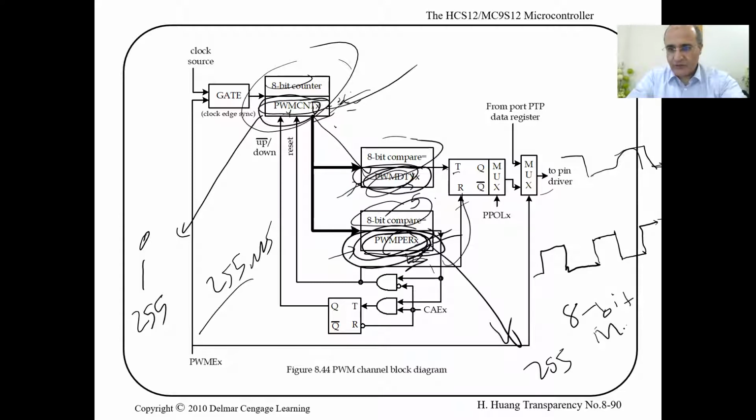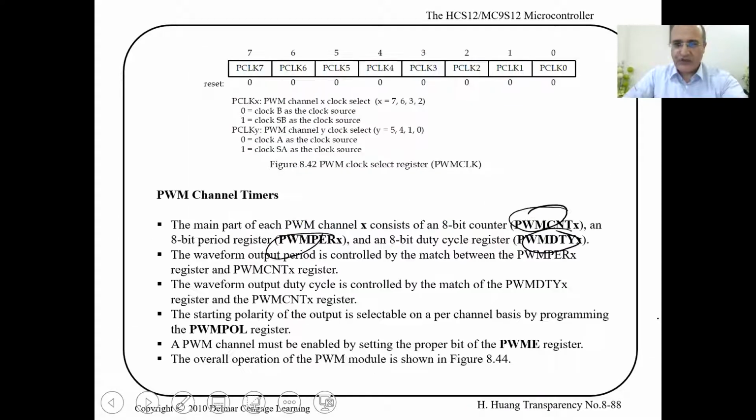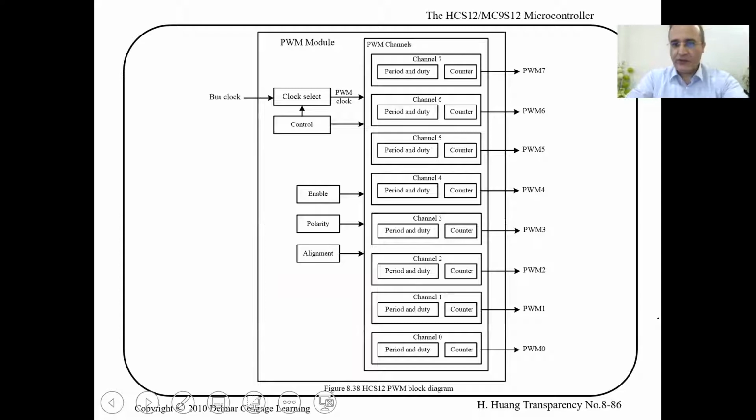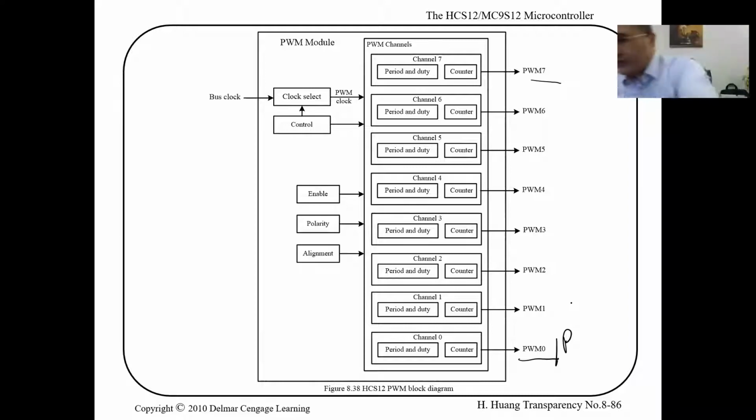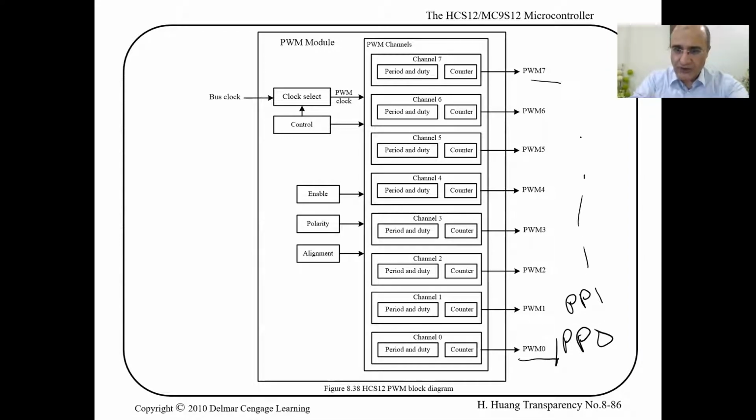In this HCS12, we have 8 PWM channels, PWM 0 up to PWM 7, that are shared with port P. I use the pin here, port P0, port P1, and so on. Every PWM channel has a counter that counts, a period register and a duty register, 3 registers.